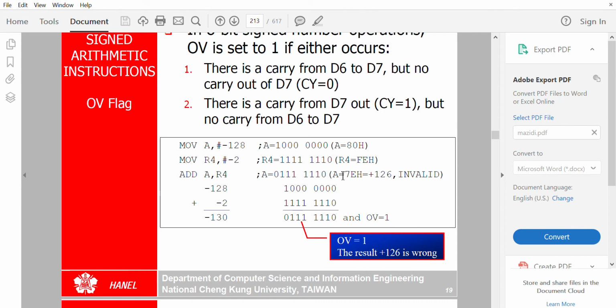So you know that 80 plus FE cannot be less than 80 or FE. 70 is less than those. Okay. So 70 is 126 which is less than 128 and 2. So that is invalid and an overflow flag will be set. Why? Because here there is a carry out but no carry from D6 to D7.